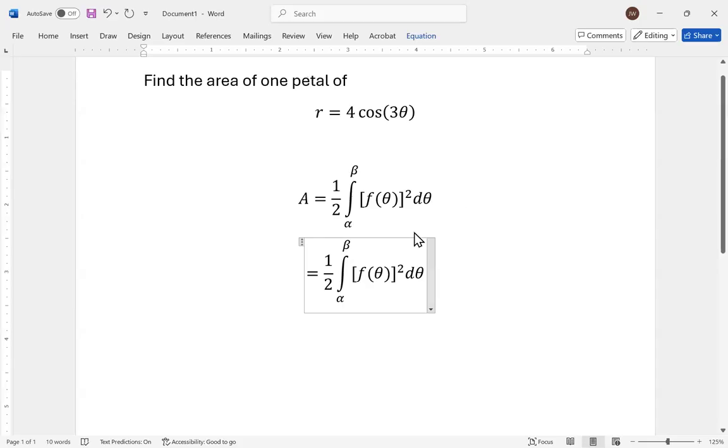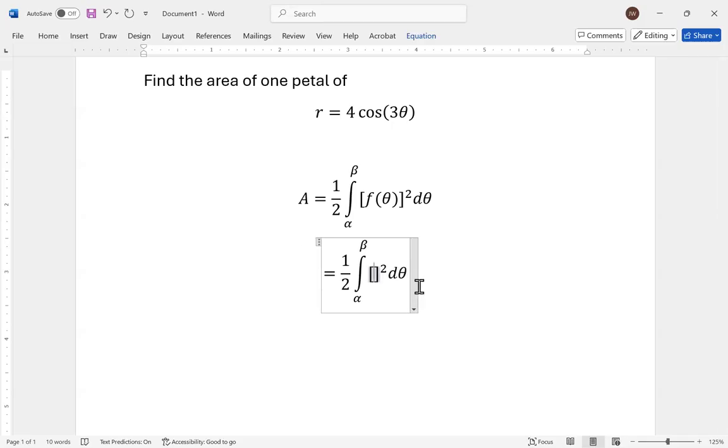For the most part, this is pretty straightforward. The big thing is that now we have the formula, 1/2 integrate from alpha to beta, my function squared with respect to theta. My function in this case is just 4 times cosine of 3 theta.